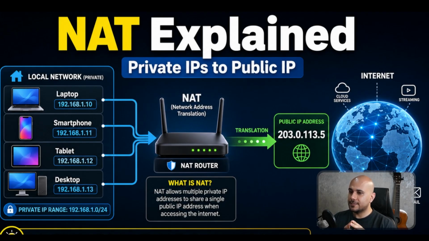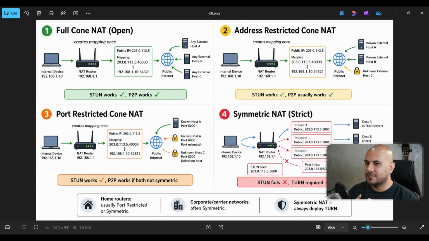To fix this issue, you have to use a STUN server that tells your device its public IP and port, for NAT traversal of course. And in the case of restricted or symmetric NATs, we have to use a TURN server, which acts as a relay when direct connection fails. Understanding the 4 NAT types tells you when TURN is required and when STUN is enough.